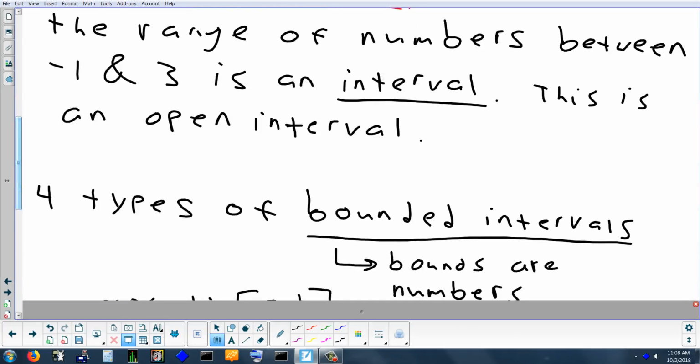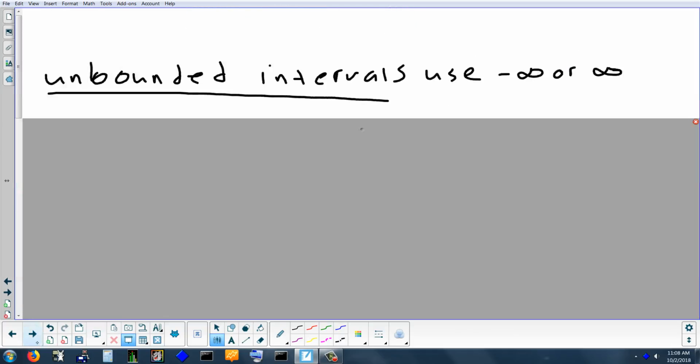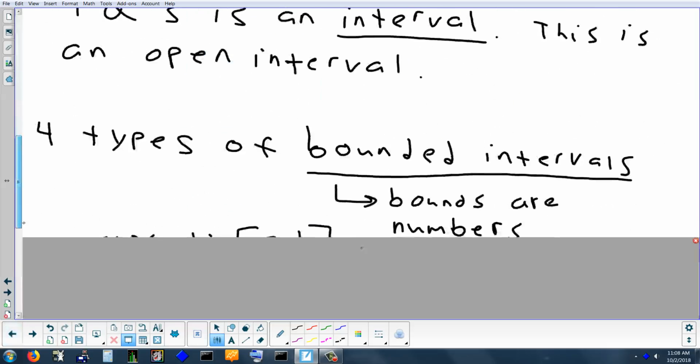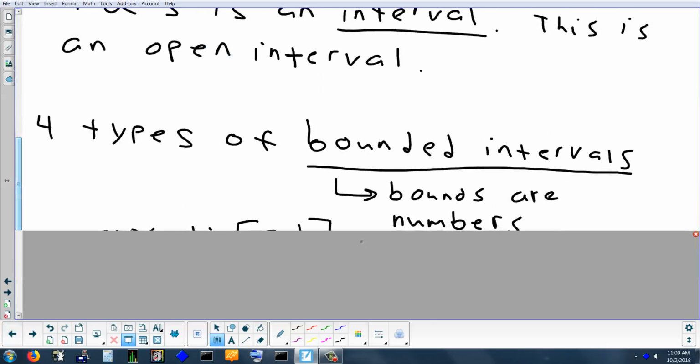Yeah? Infinity. Infinity, yes. So if you throw an infinity in your interval, that's not bounded anymore. That's unbounded. So we'll talk about unbounded next. But bounded is when you start at a number, you stop at a number. No infinity symbol in the problem.